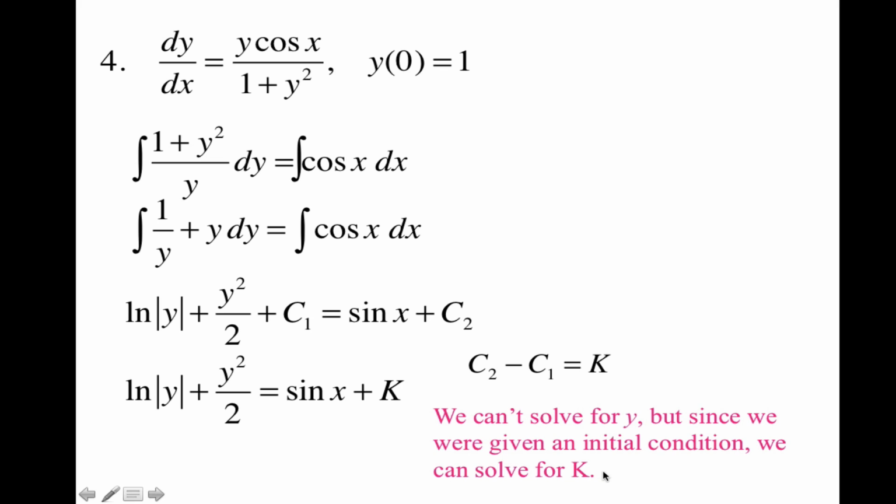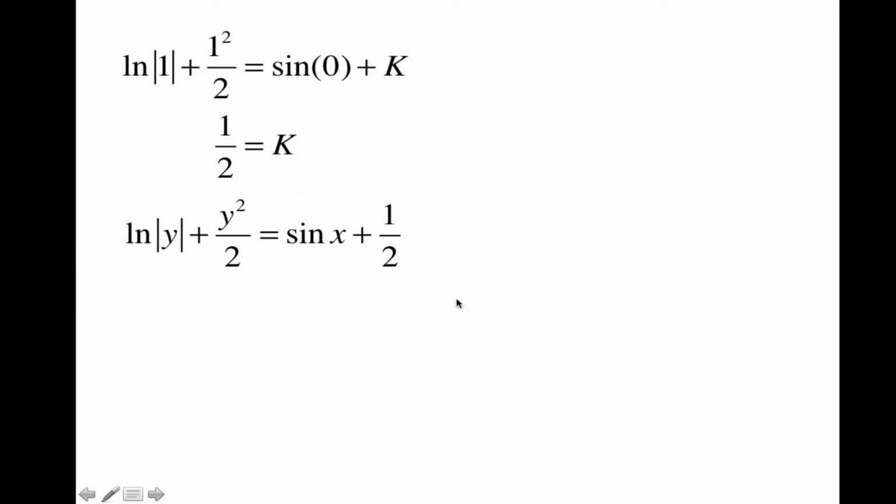So that's why I would solve for k now. I put in 1 for y and 0 for x to get that k will equal 1/2. So now I can write my final solution as the natural log of the absolute value of y plus y squared over 2 equals sine x plus 1 over 2.